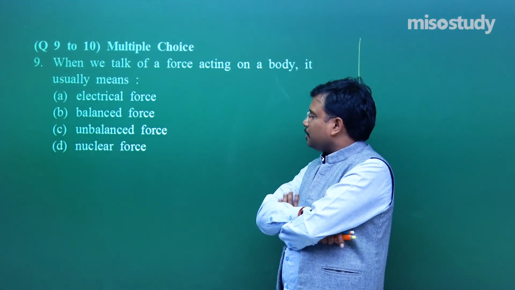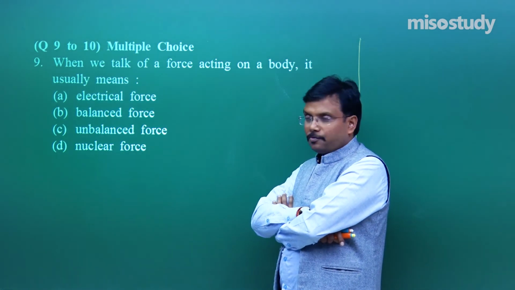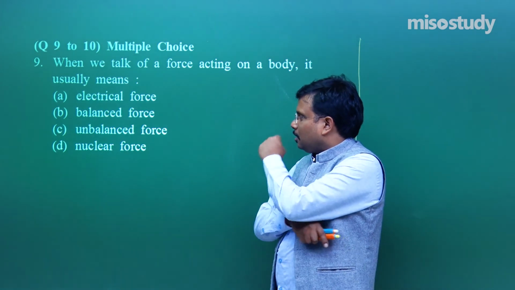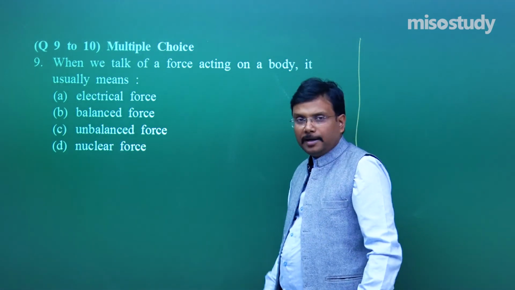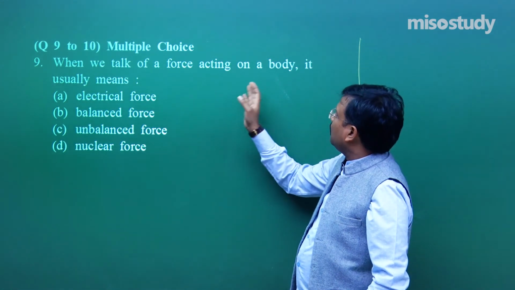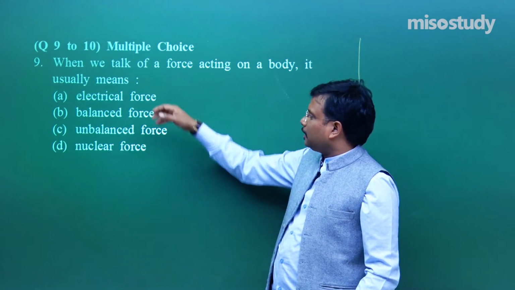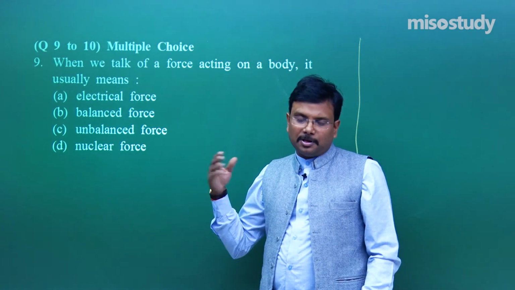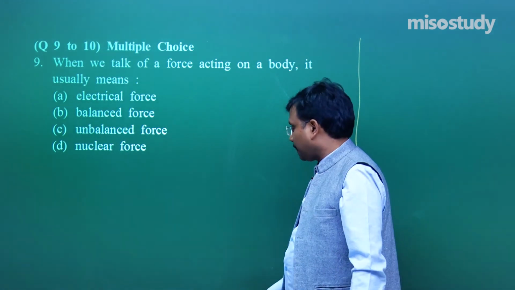The best option is balanced force. In question number 9, you just have to consider force acting on a body, because if electrical or nuclear force is acting, that is something you cannot observe.